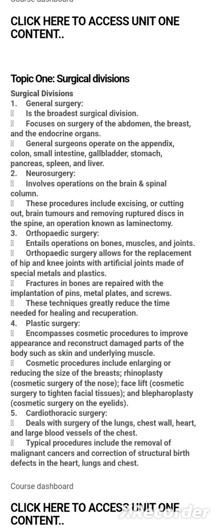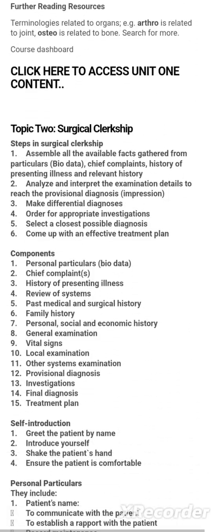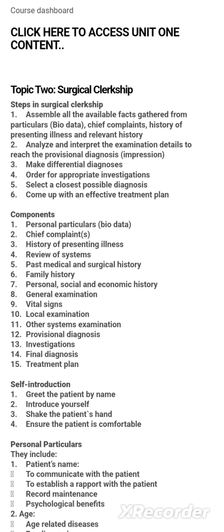So at some stage, we were supposed to now discuss, we were to go to chapter 2 or topic 2, that is surgical clerkship. Now on surgical clerkship, we were to discuss what is surgical clerkship. Normally we have clinical clerkship, that is medical clerkship. When a patient comes to the consultation room, you take the chief complaint, the biodata, and then you detail by knowing the history of presenting illness.